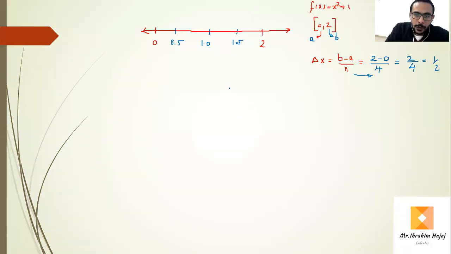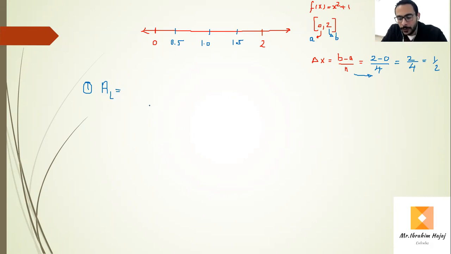Okay, you can do this in many ways, or three ways to be more specific. The first way is to find the area. Let's start with the area left. What is the area left? Area left is called the left endpoint. The area left means the area using the left endpoint rule.